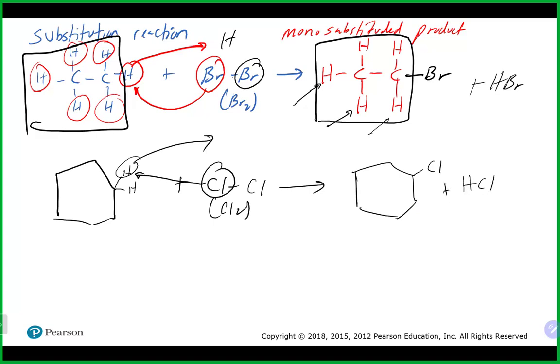So this is what is referred to as a substitution reaction. One guy comes on and one guy comes off. In the case of alkanes, a hydrogen comes off, and you throw one of those guys on there in its place. It's way more complicated than that, but that's basically what happens.